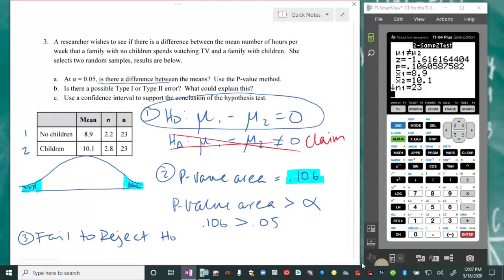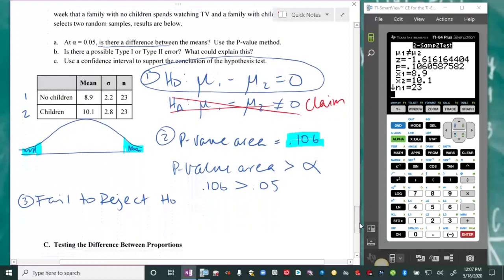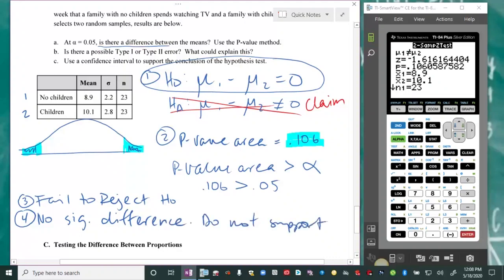So for this last part, step number 4, we found that there's no significant difference. So we do not support the claim that there's a difference.